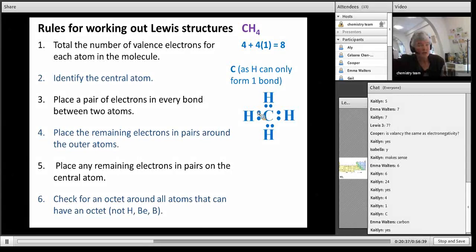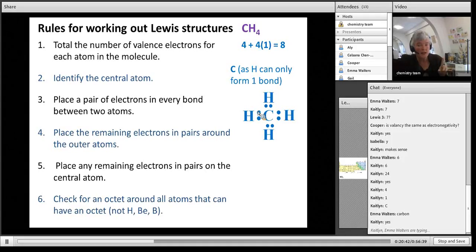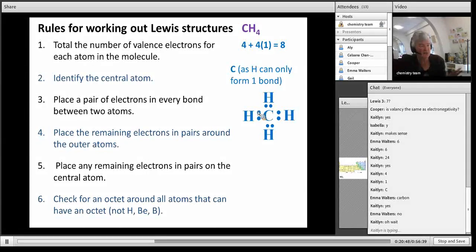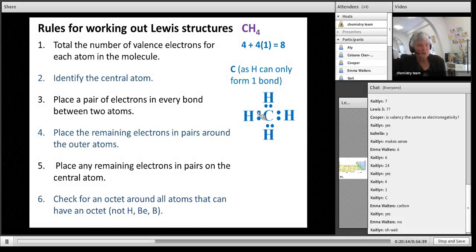You sure, Caitlin? I've got 8 electrons that I must distribute, and so I've got 2, 4, 6, 8. Yep. Okay, so you do a lot of counting in chemistry. Whether you're balancing equations or anything, it's you counting. So I've used up all my 8 electrons, so I can't do step 4 and I can't do step 5 because I don't have any electrons remaining.